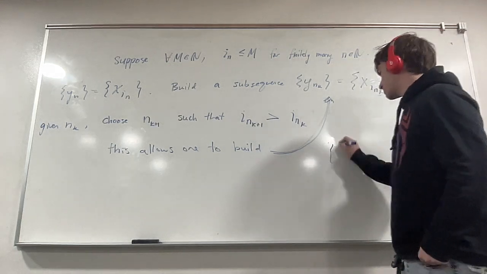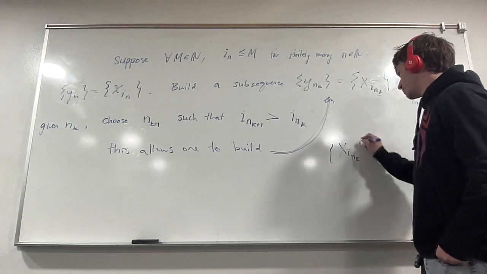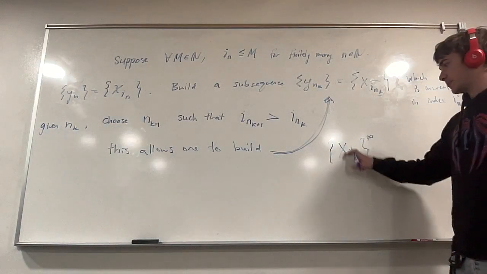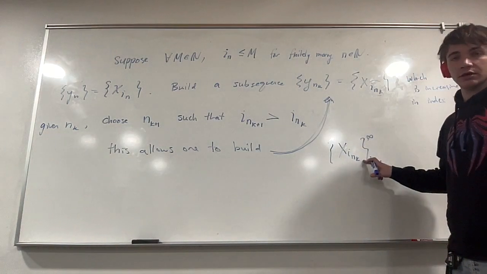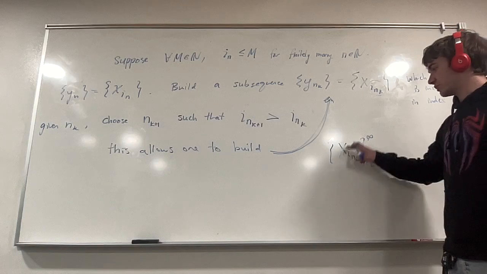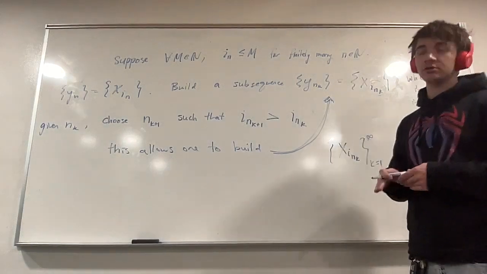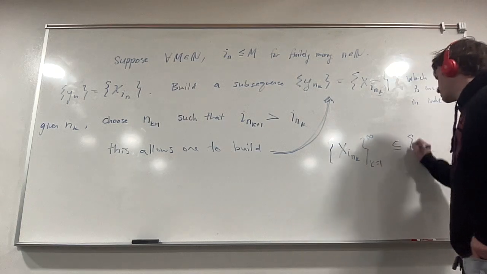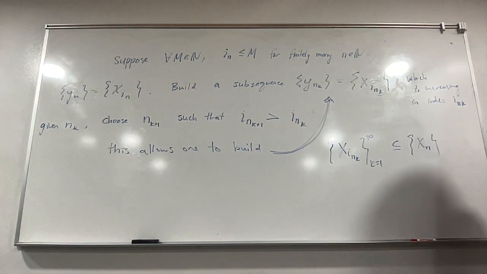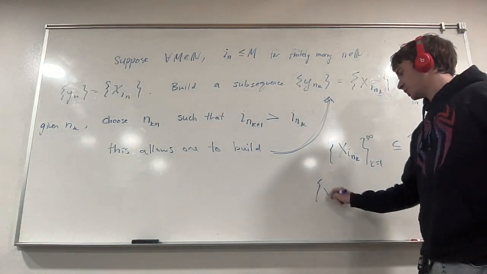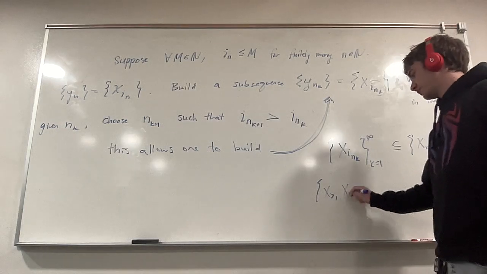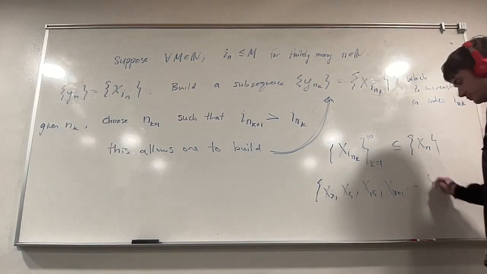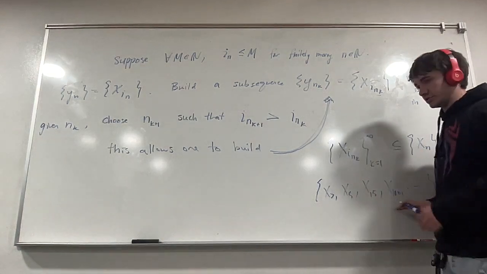So this is x sub I sub n sub k. But notice that because this sequence is increasing in index, it's actually a subsequence of x sub n. It might look like x3, x5, x15, x100, etc. The point is that it's increasing in index.